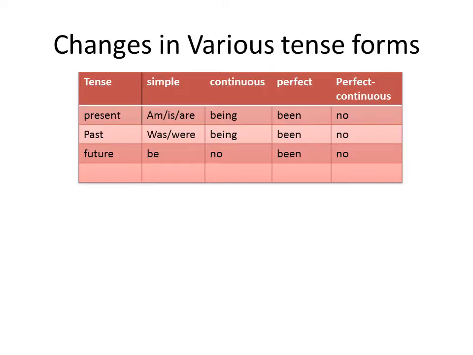In continuous present tense, we use being. In perfect present tense, we use been, in all tenses. In simple past, we use was and were. In continuous past, we use being. In simple future tense, we use be in passive construction.